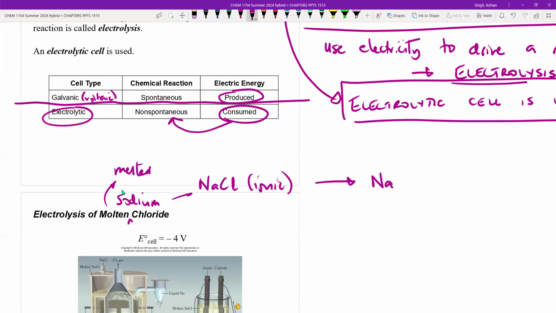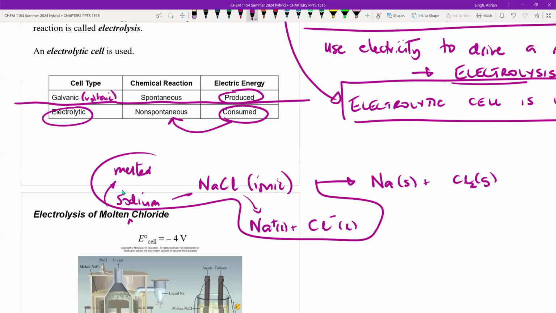We're going to get sodium, and we're going to get Cl2, elemental gas. In molten sodium chloride, we're going to have our metal cation, Na+, and we're going to have Cl-. These molten ions are going to be in a liquid state.